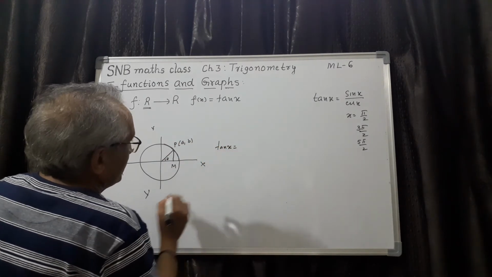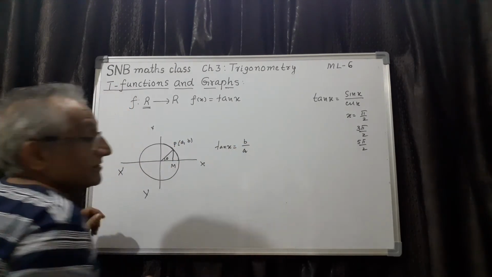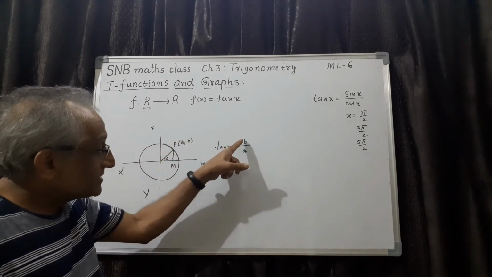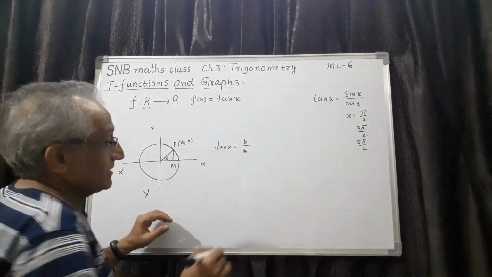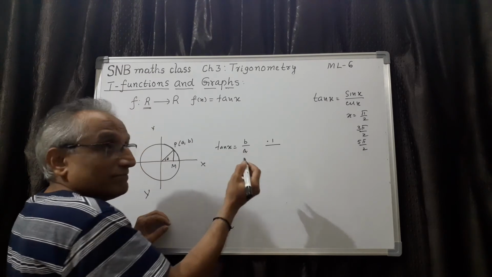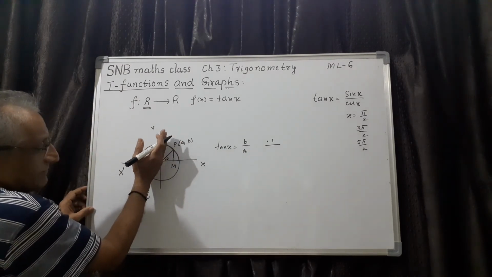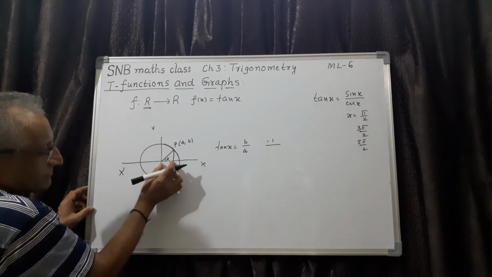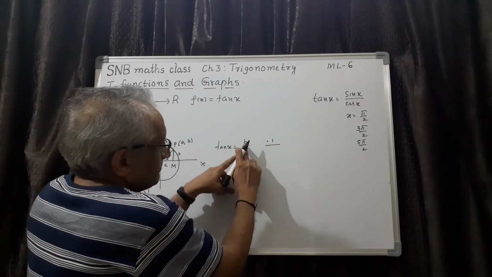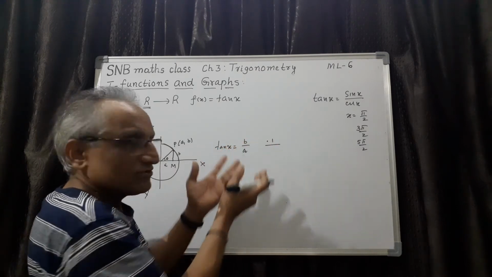Tan x is, by definition, B divided by A. Now you may think B is less than 1 and A is less than 1, but the ratio B by A can be any value. For example, A can be very, very small, because when you take this angle very big, this value becomes very small. This is our A, this is our B. Imagine B is 0.1. You can take anything. It need not be a unit circle, because you can define the ratio for anything.